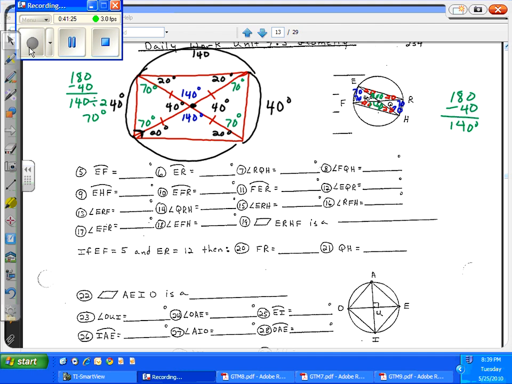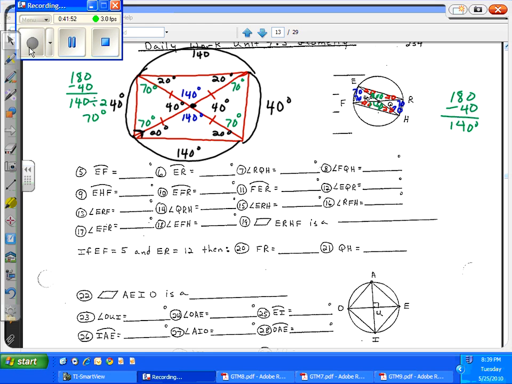This arc is equal to that central angle, so it's 140. So we have all of the arc measures, and we have all of the angle measures. That was all based on our rectangle properties, triangle properties, straight angle properties, and arc angle relationships.